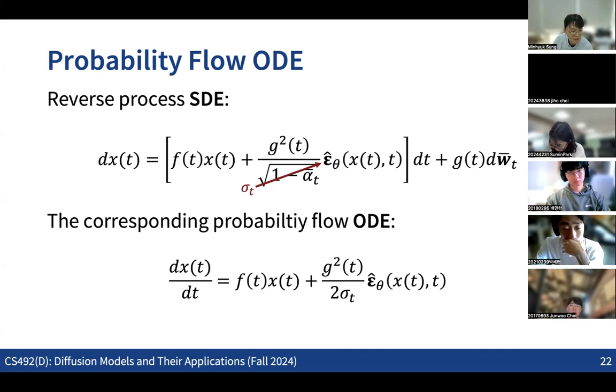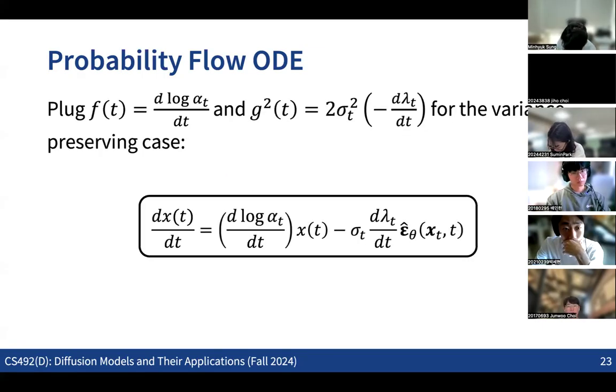Especially for the variance preserving case in DDPM and DDIM, if we compute the corresponding f_t and g_t here, and plug this into the previous ODE formulation, then it turns out we need to solve this specific ODE to run the reverse process. This is the equation with the given parameters alpha_t and sigma_t here.